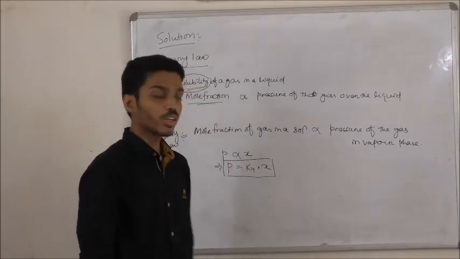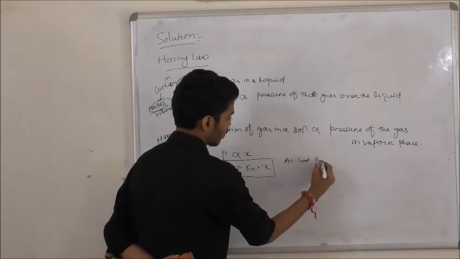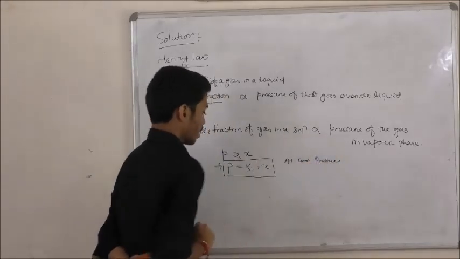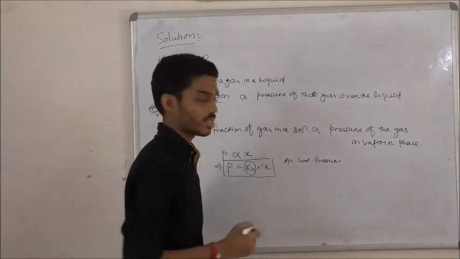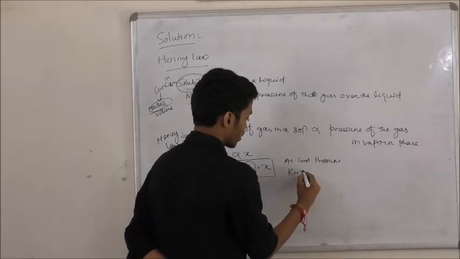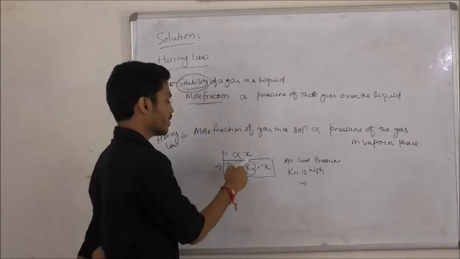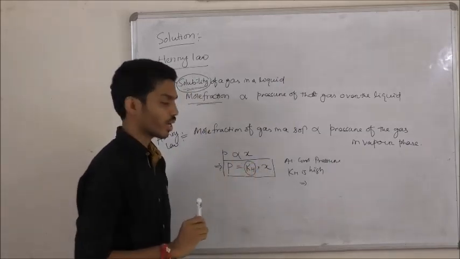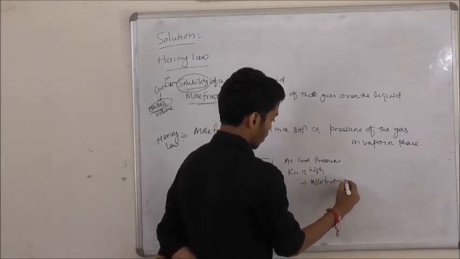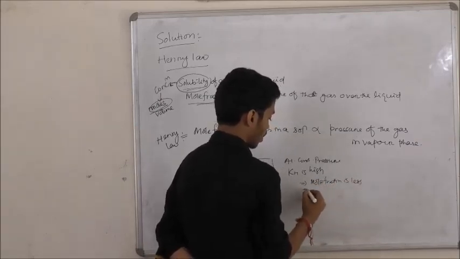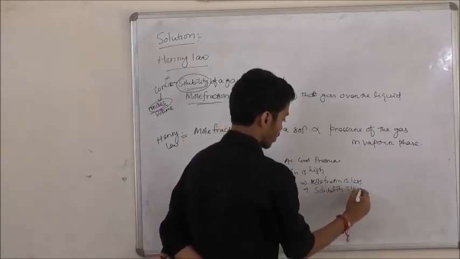From this equation, at constant pressure, if KH of a gas is high, then the mole fraction should be less, that is, the solubility is less.